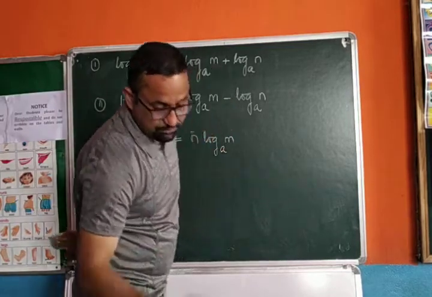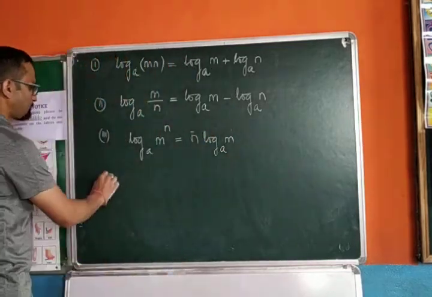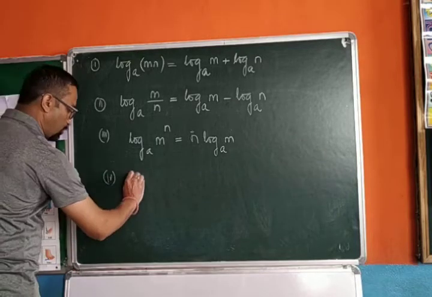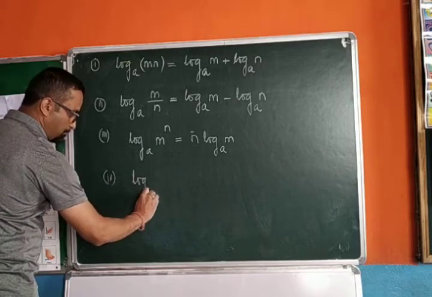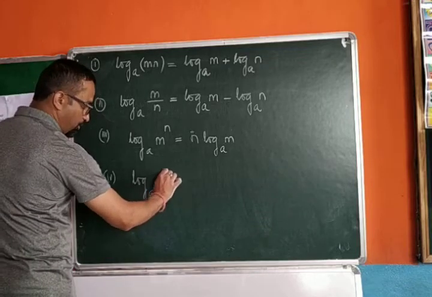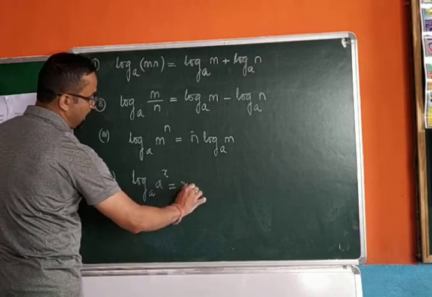Then you have some deductions, or rules. Log base a of a to the power of x can be written as x.